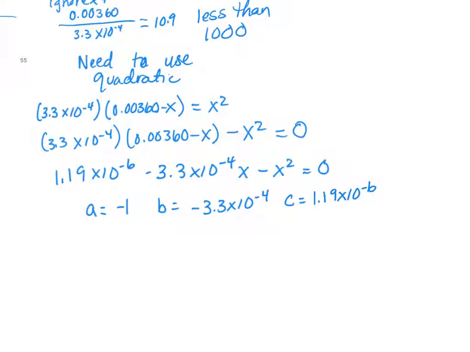Okay. Now you use your quadratic formula. Negative b plus or minus the square root of b squared minus 4ac, all divided by 2a.